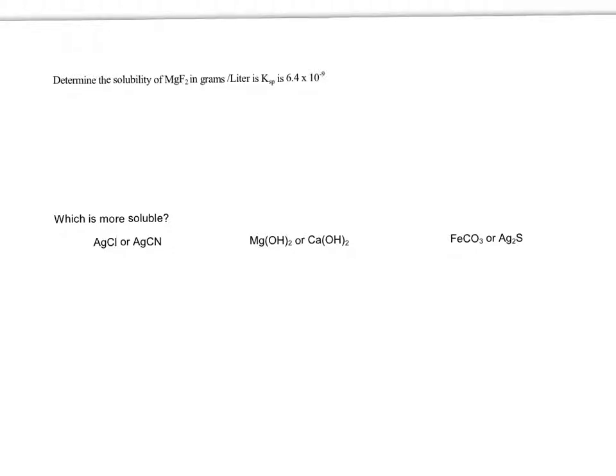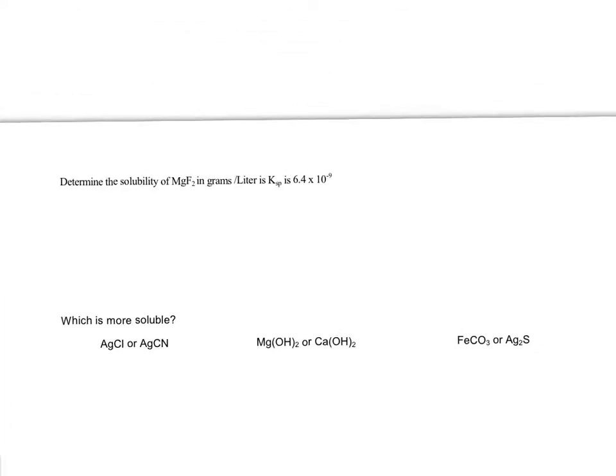We want to determine the solubility of MgF2 in grams per liter, and they give us its Ksp value. So it's very similar to the one that we just did with the calcium carbonate, except the ratios now are not 1 to 1 to 1. So first we're going to write out our dissociation equation.